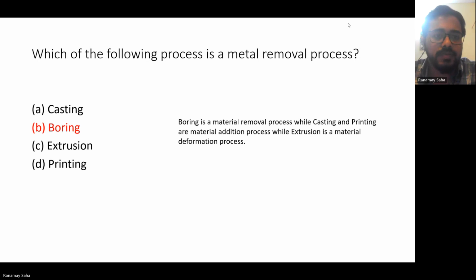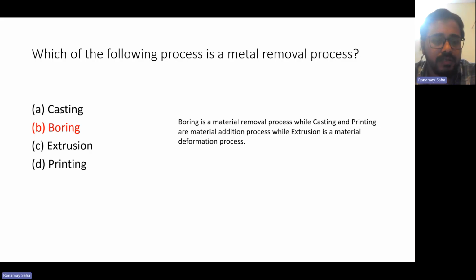First question was which of the following is actually a metal removal process. You know, there are three types of manufacturing processes: subtractive processes, additive processes, and shape changing processes.